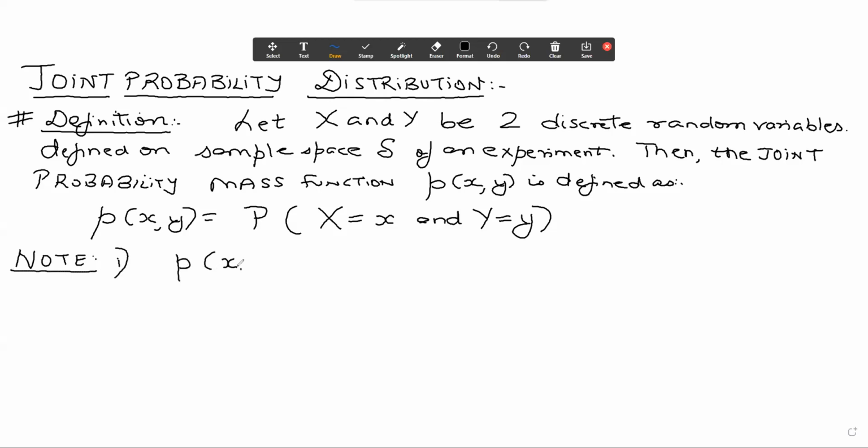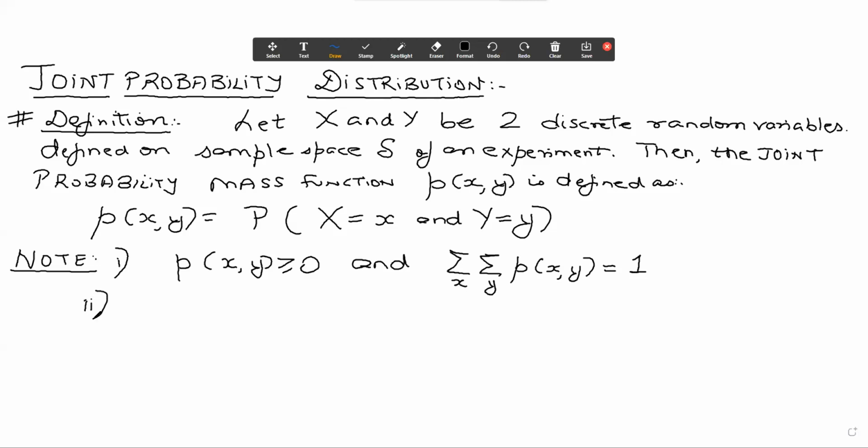The joint probability is always greater than or equal to 0, and since there are two random variables, I will be using double summation. Summing up over x, summing up over y, the sum of all probabilities has to be equal to 1. I hope all students have understood this.